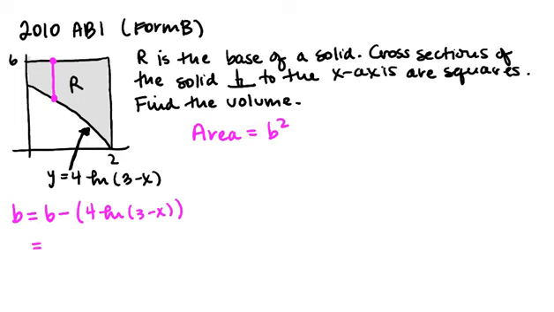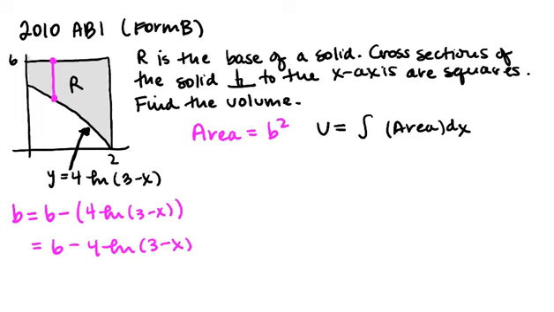And so this is equal to 6 minus 4 log 3 minus x. And so we know that volume is equal to the integral of area. Cross sections are perpendicular to the x-axis, so with respect to x, we're going to let x run from 0 to 2.